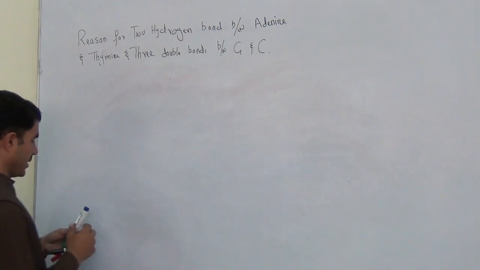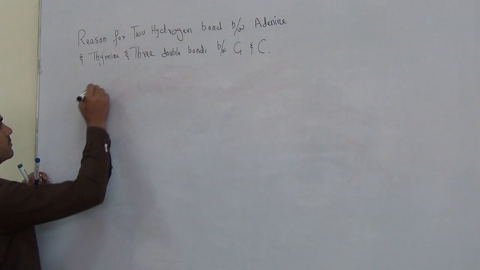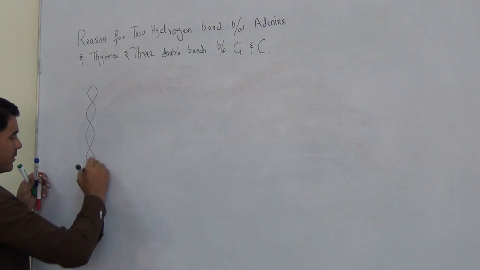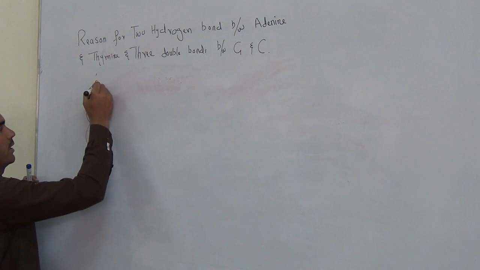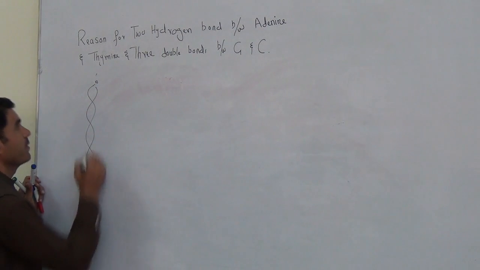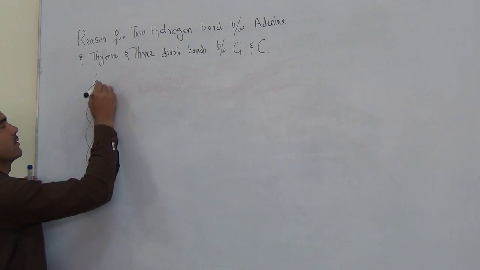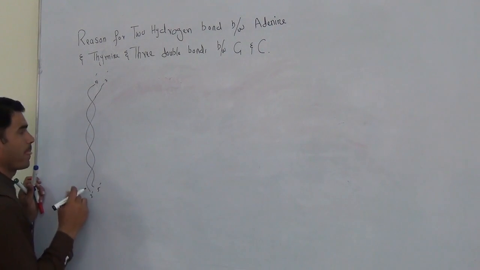Usually we write two lines like this, right? That is the DNA. Usually we write this. We write 5 prime here, and at the end of this we write 3 prime. Here we write 3 prime, and at the end of this we write 5 prime.